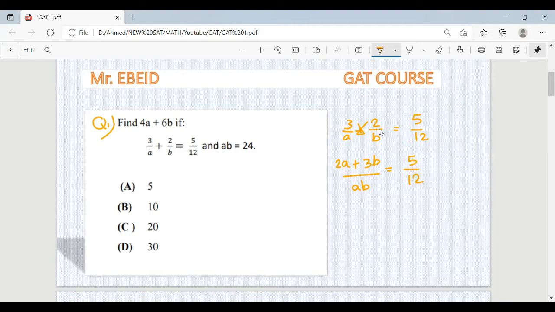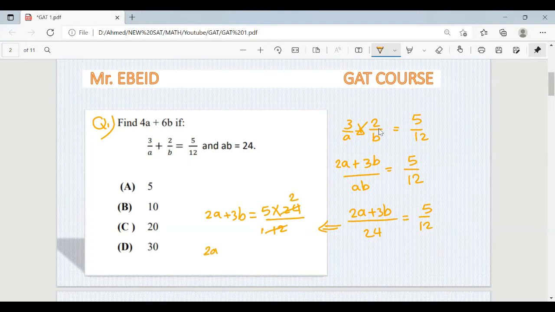You know that ab equals 24, so it will be 2a plus 3b over 24 equals 5 over 12. Cross multiplication, so we have 2a plus 3b equals 5 times 24 over 12, divided by 2 equals 1, divided by 2 equals 2.